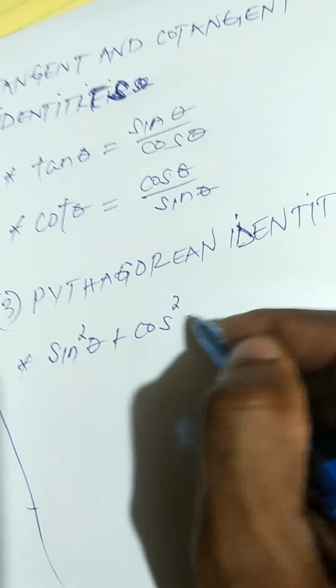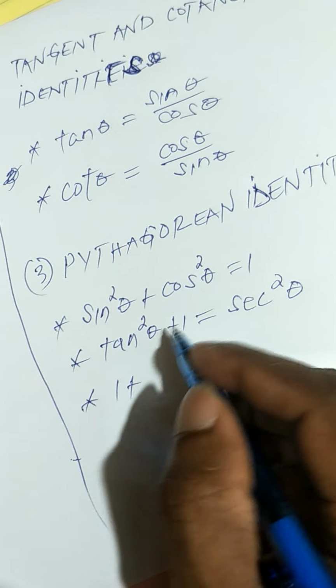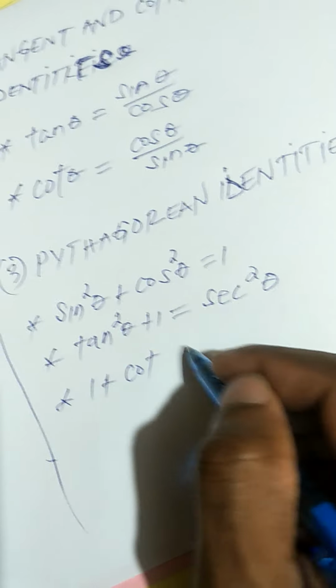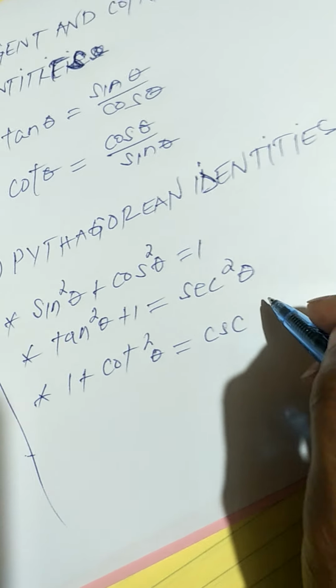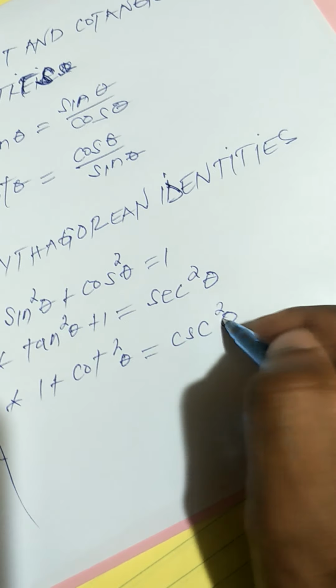Tangent theta squared plus 1 is equal to secant squared theta. 3. 1 plus cot theta squared is equal to cosecant theta squared.